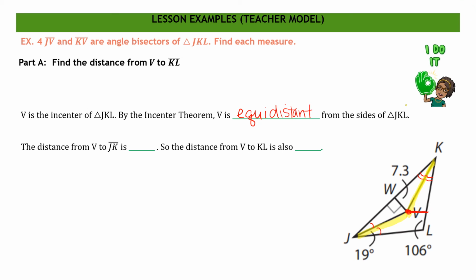So that means from V to side KL is the same distance as from V to side JL as from V to side JK. The distance from V to side JK we already see is 7.3. So that means the distance from V to KL is also 7.3 based on the incenter theorem.